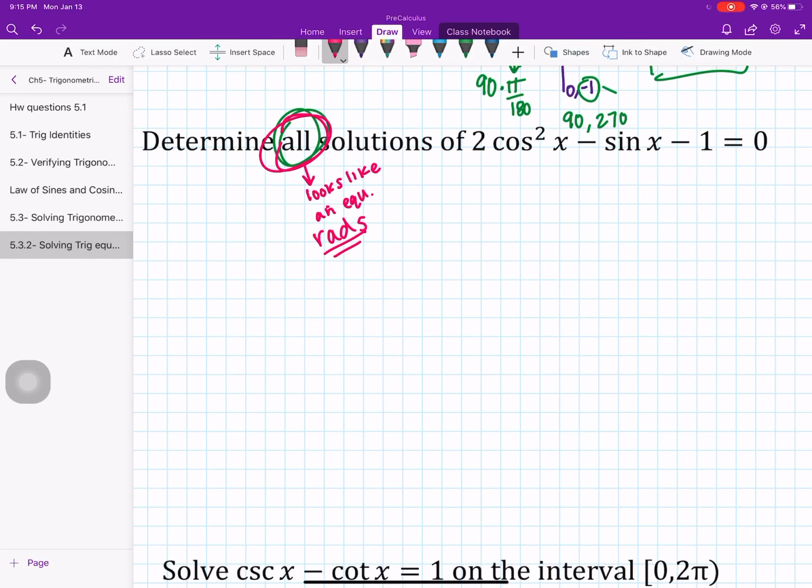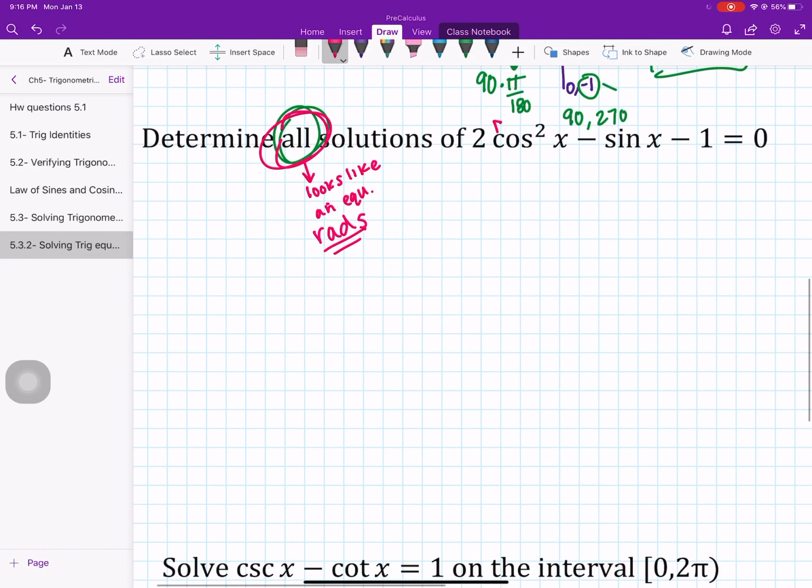So I have 2 times cosine squared of x minus sine of x minus 1 equals 0. So right away, you should see a little red flag. Because here, you have cosine squared and sine in the same equation.